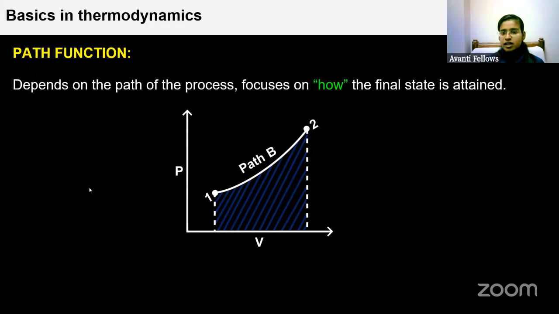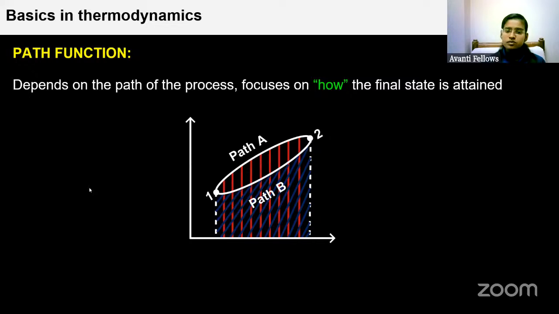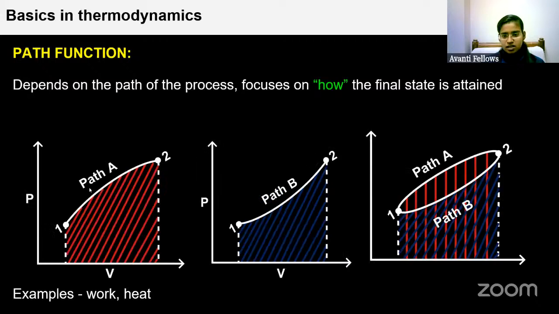If I combine path A and path B, I will get this, no? So this is path A, this is path B, and this is path A and B. So it takes into account all the information coming in between. The entire thing is taken.